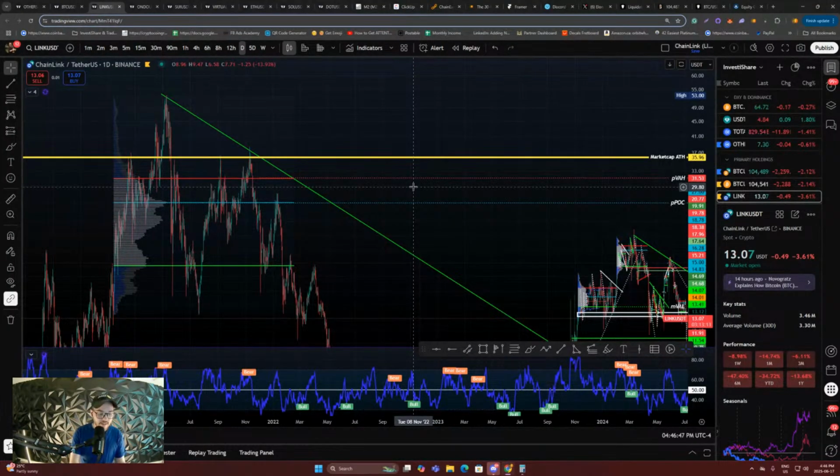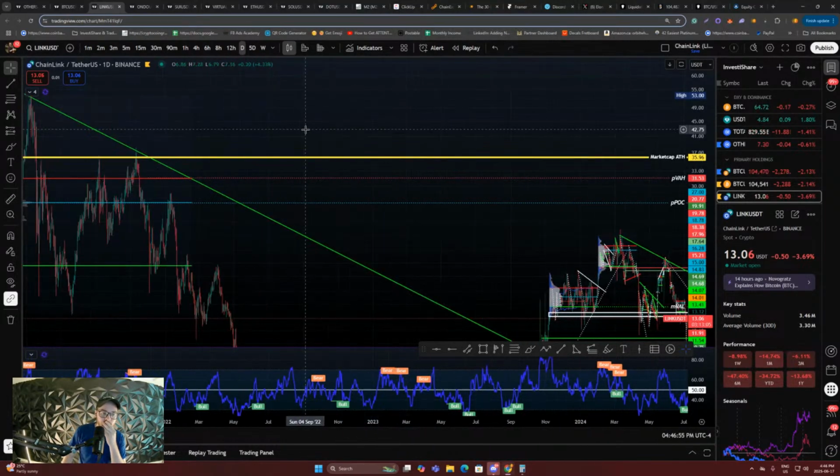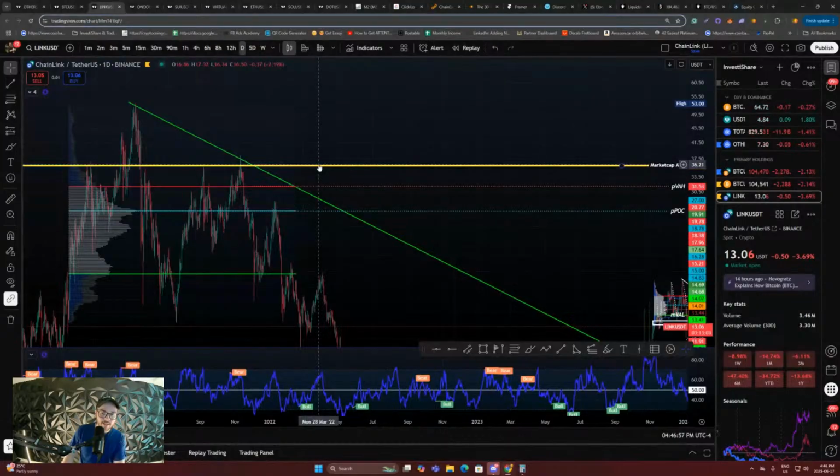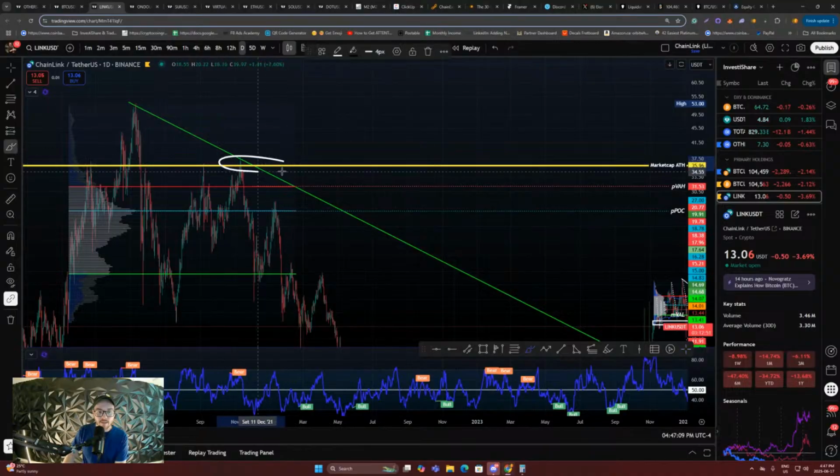Because the price of an asset is defined based on the market cap divided amongst the supply. So if you find out what the supply is right now, find out what the previous all-time high market cap was, then divide that all-time high market cap by the current supply, and you'll find out the new market cap all-time high price.